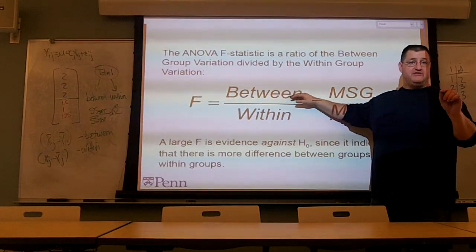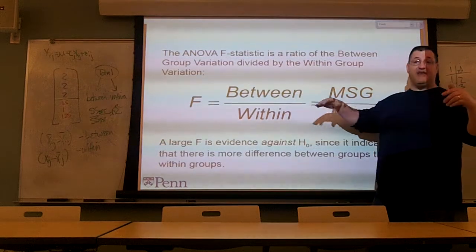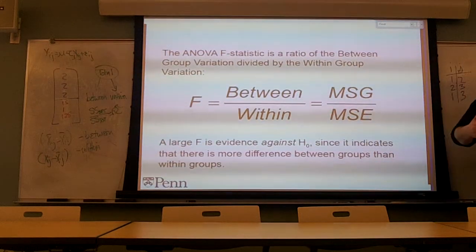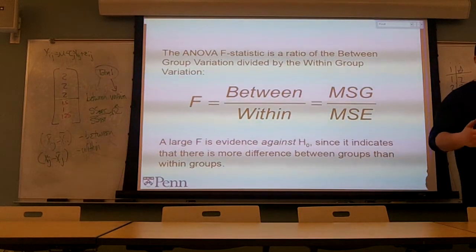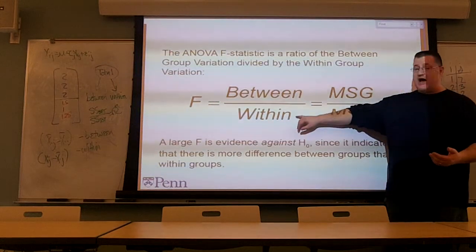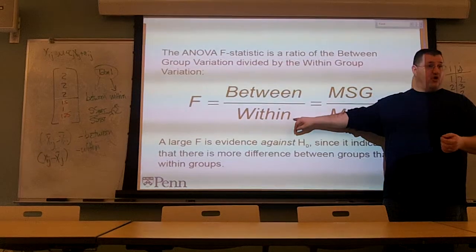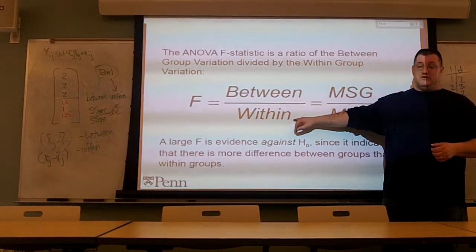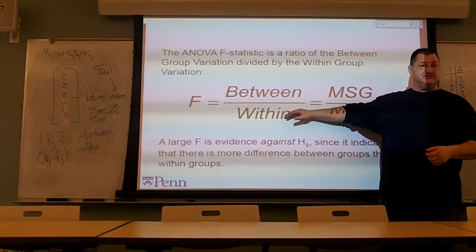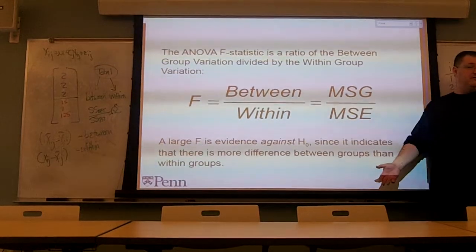How much variability is there between groups? Think of that as a signal. How strong is the signal, relative to how much variability there is within a group? Think of that as noise. So it's a signal to noise ratio.